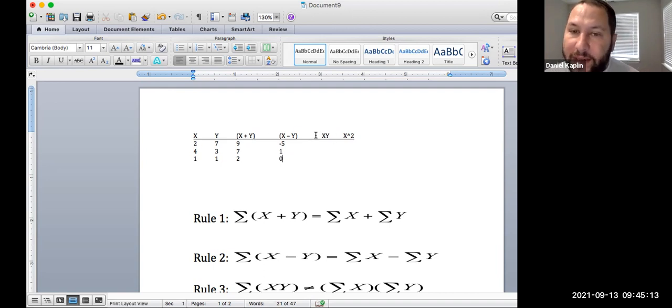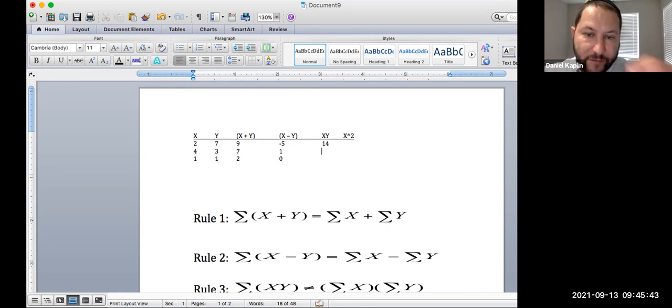X, Y, what we're doing here is we're multiplying, right? So again, this would imply 2 times 7, right? So whenever you see 2 letters next to each other, that typically means to multiply. So 2 times 7, what is that? That's going to be 14, right?